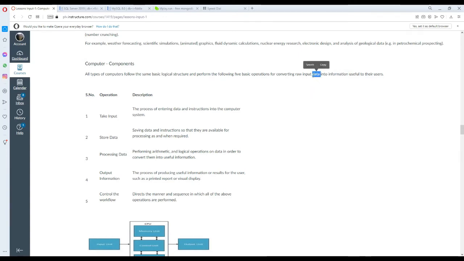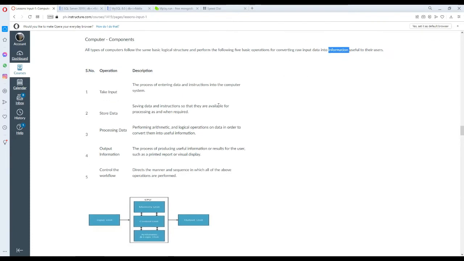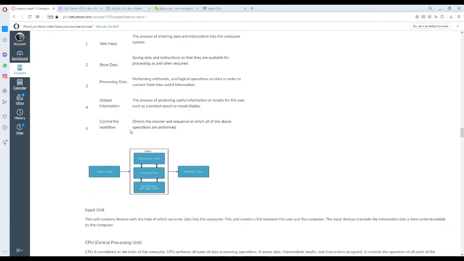It is uncooked, whereas information is already cooked or ready for consumption. So data is meaningless while information is meaningful. Take note of that. Now, operation, we take input, we store data, we process the data, we output the information, and we control the workflow.